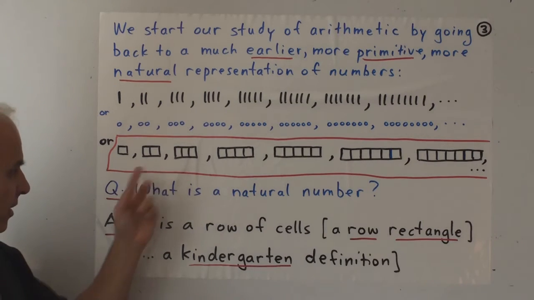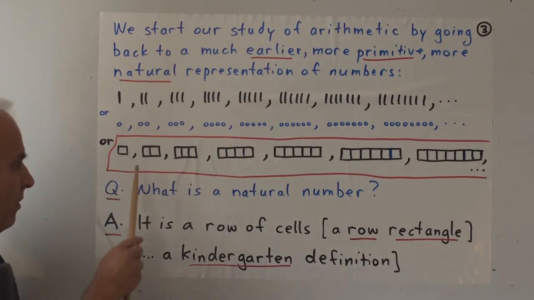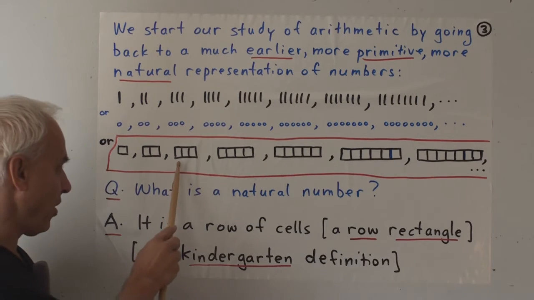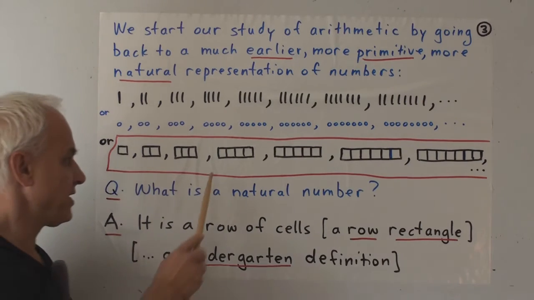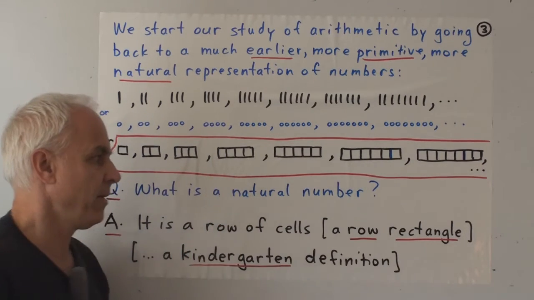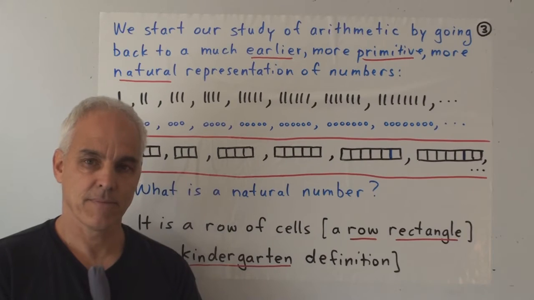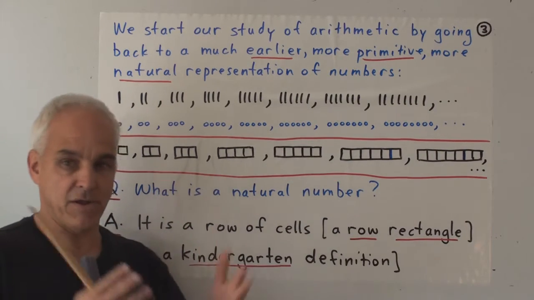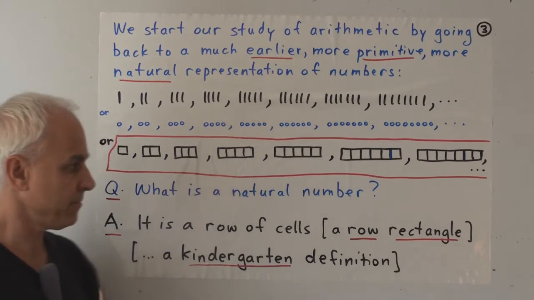Then this number we could call 1, 1. That's kind of natural. This number we could call 1, 1, 1. And this number 1, 1, 1, 1. And so on. That's not very sophisticated, but it doesn't require us to make up new names for things.